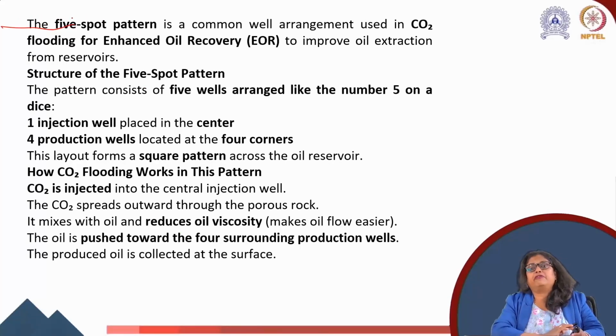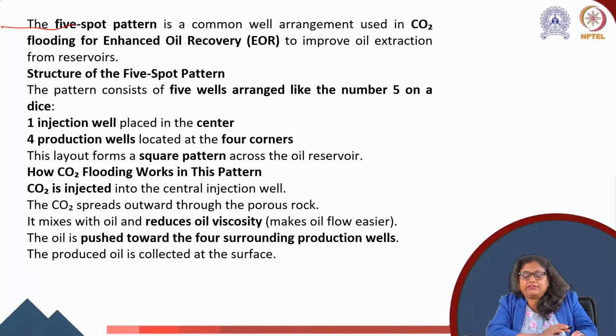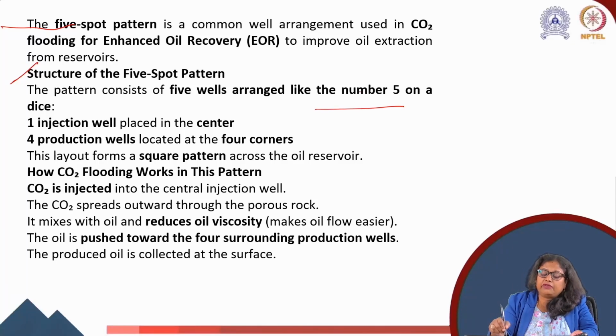The first one is the 5-spot pattern. It's a common well arrangement used in CO2 flooding for EOR to improve oil extraction from the reservoir. So what is the structure of the 5-spot pattern? The pattern consists of 5 wells arranged like the number 5 on a dice.